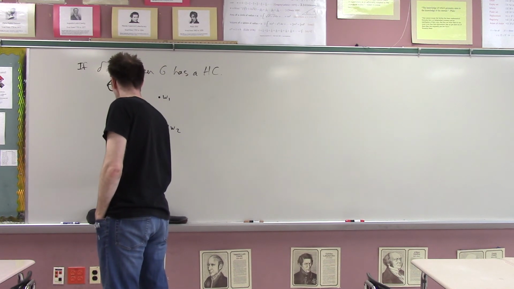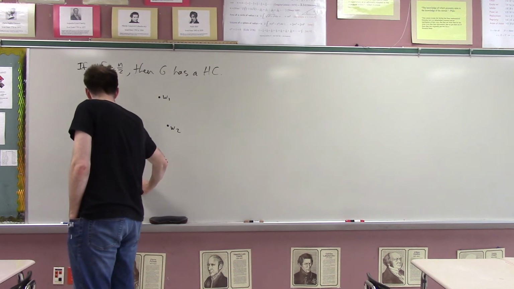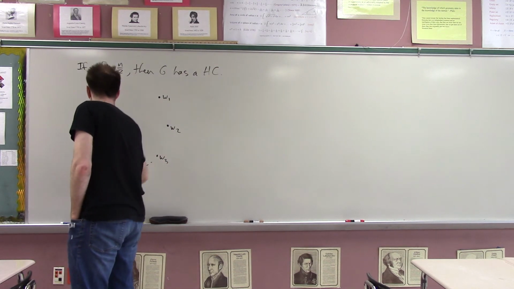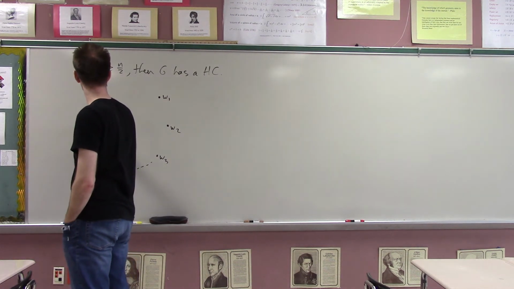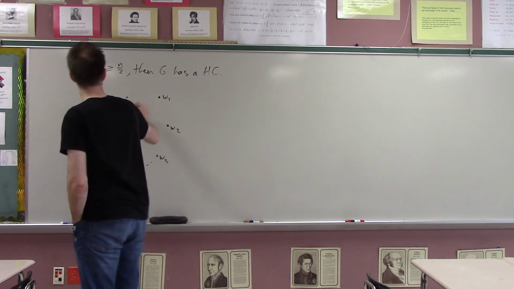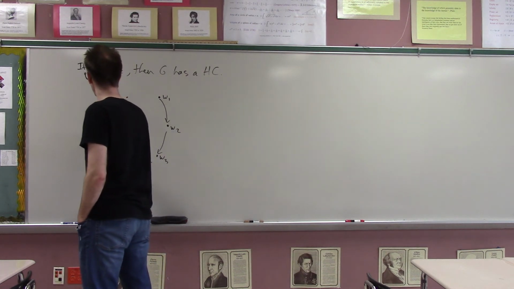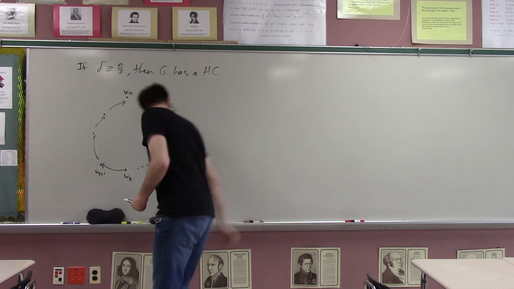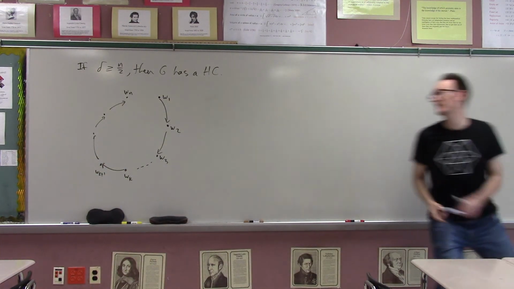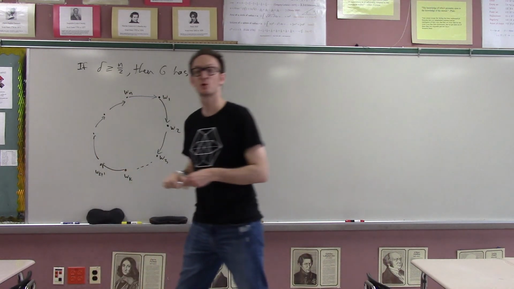But essentially it went like this. There were all these vertices, and then eventually you had W_k and W_(k+1). Remember this whole thing? How could you possibly forget? Then in G prime, which is the graph that one gets from adding this extra mystery edge between W_n and W_1, there's a Hamiltonian cycle.